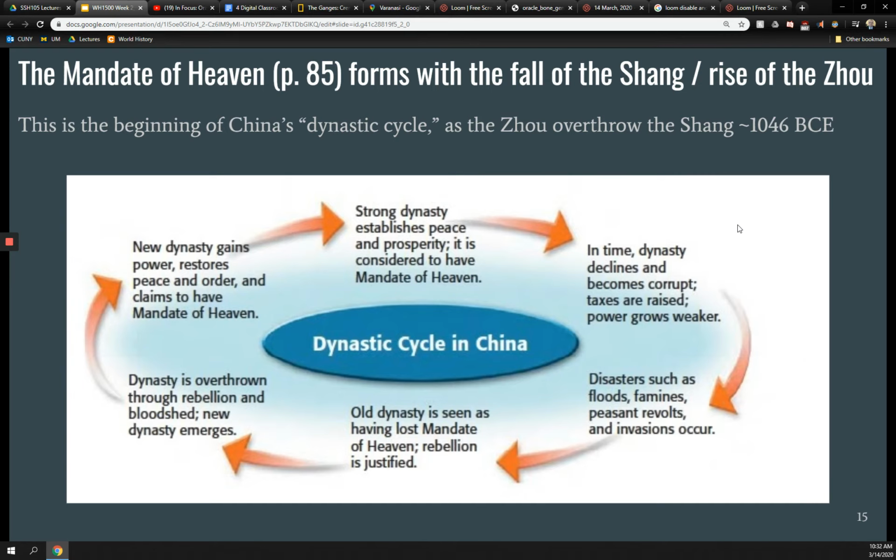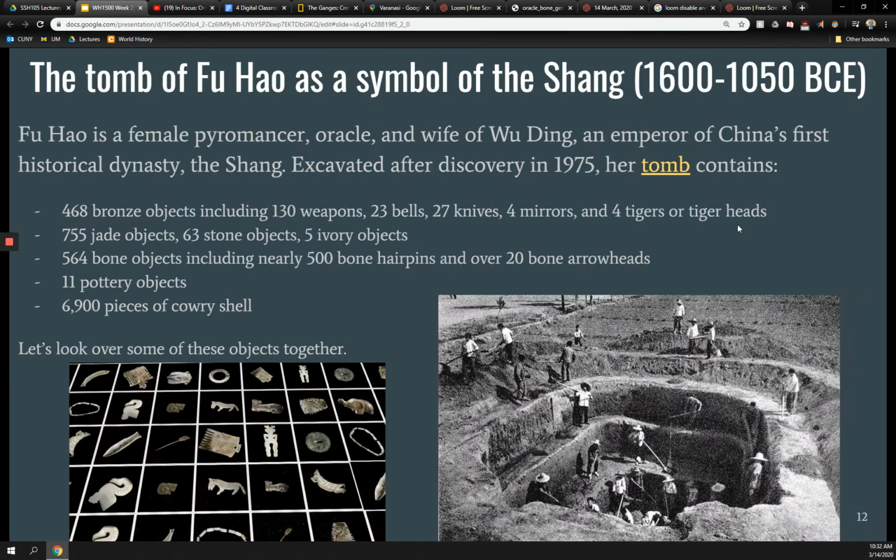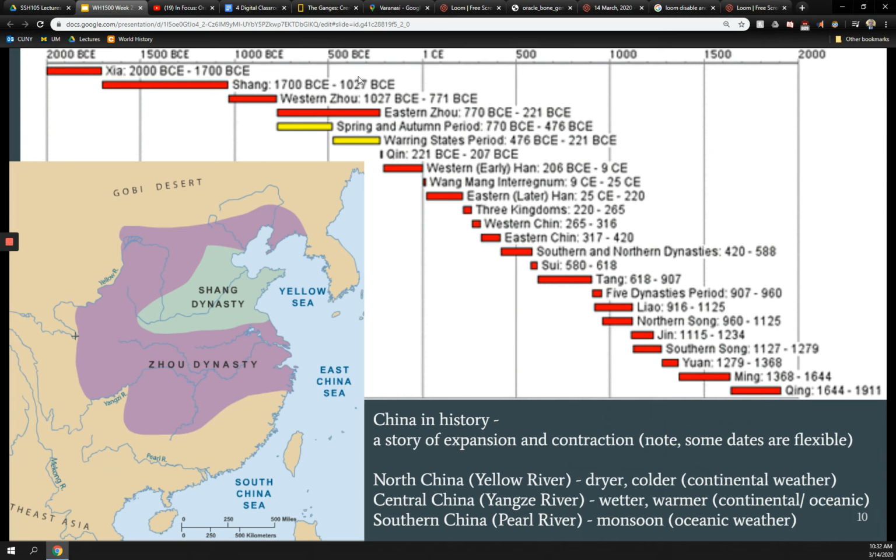And we also see, with the fall of the Shang, at the end of the Shang dynasty, around 1027 BCE, and the start of the Zhou dynasty, something quintessentially Chinese, quintessential to the Chinese empire form: this idea of the mandate of heaven.